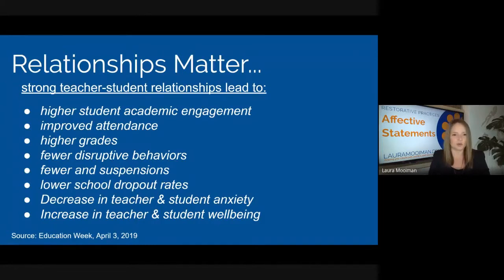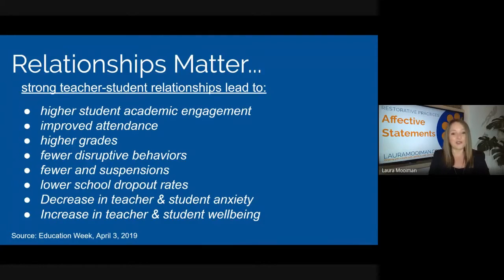So if that's the number one thing to people in this difficult, challenging profession, we need to figure out why some people have an okay time making these relationships and other people really struggle. And how can even people that are naturals have better relationships with all their students, not just some. So restorative practices is kind of the science of relationships.